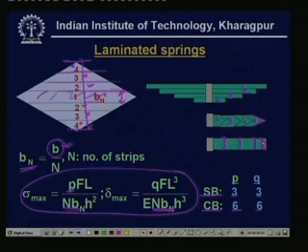Well, for such modifications, what happens? Suppose this modification is done over this one, then normally the stress equations do not change much, but the change comes in certain aspects of the deflections, because you are changing the basic shape from the shape for uniform strength. The pure triangle is no longer a pure triangle, but has truncations at the tips.